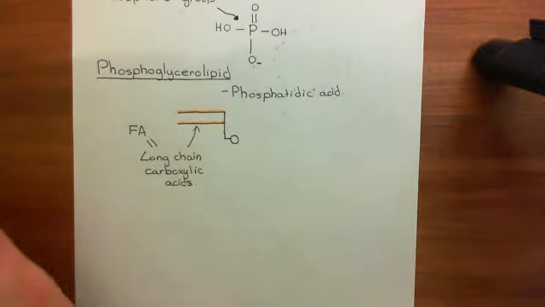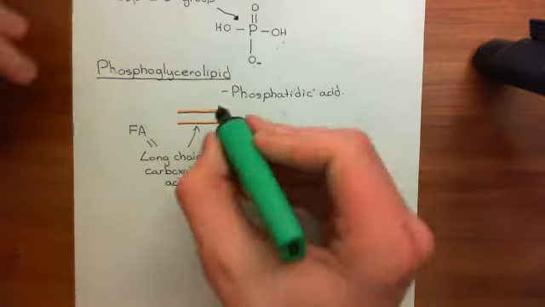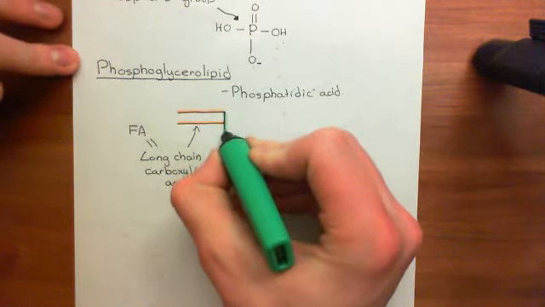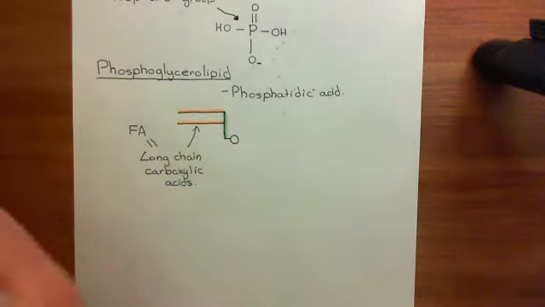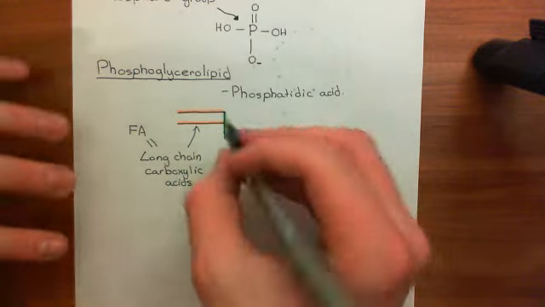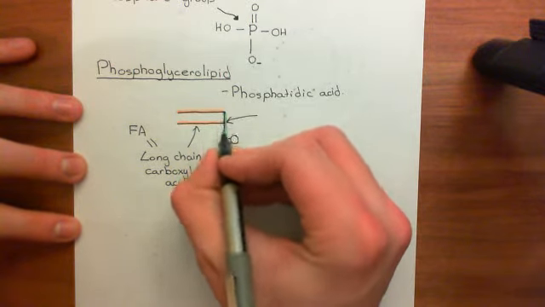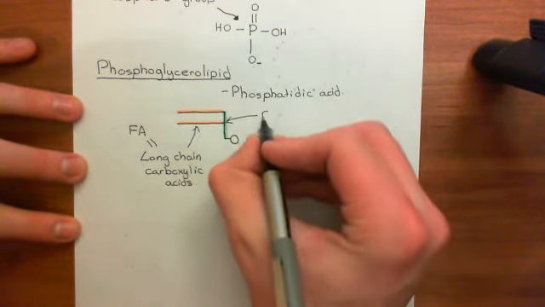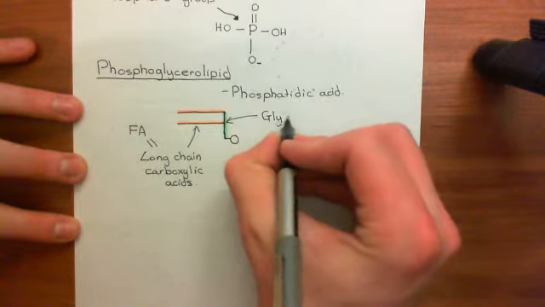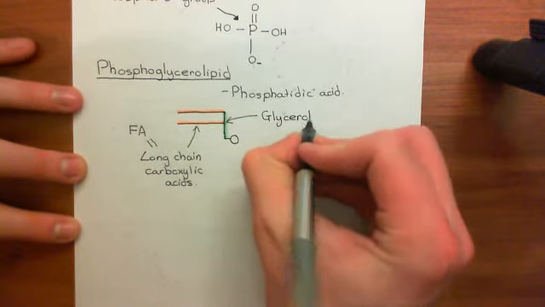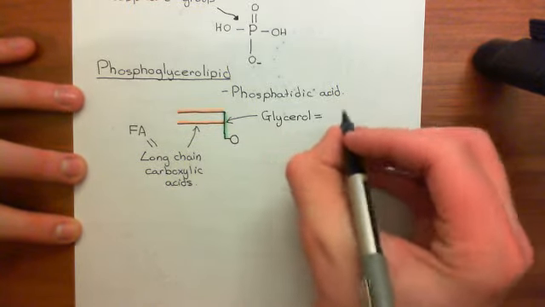Then those two long-chain carboxylic acids have been esterified to the first and the second alcohol groups of this glycerol molecule, which is being represented as this vertical line that is now coloured in green. So the vertical line in green represents the glycerol molecule.